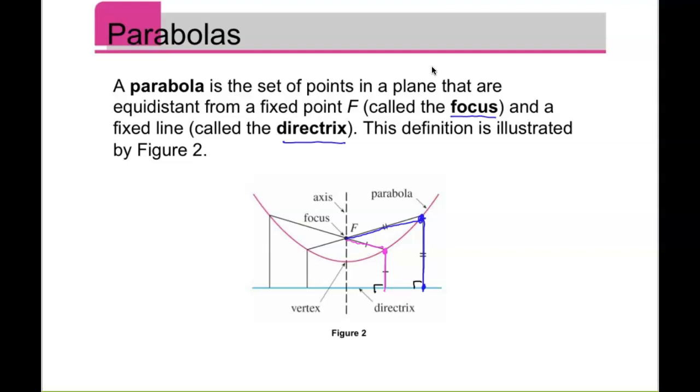The way it works is all light that's reflected out of the focus will reflect in a straight line like this, outwards. That's why a flashlight works: this is a reflective surface, and you have your light bulb at the focus, and it reflects all the light directly out.